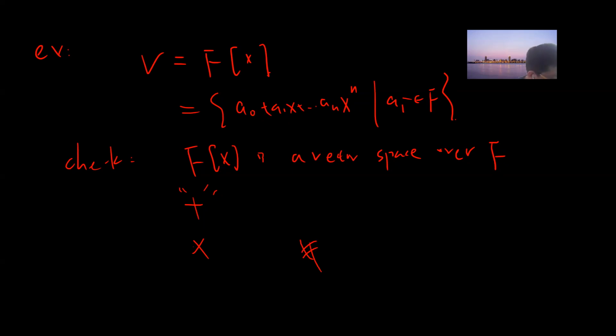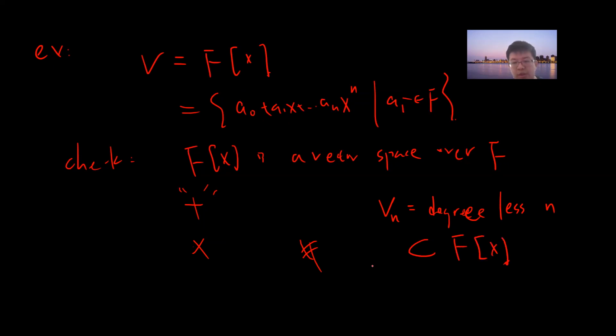And there is a subset: if you take Vn to be all the polynomials of degree less than n, then Vn is a subset of F[X], and Vn is also a vector space, because the addition of two polynomials with degree less than n is still less than n, and scalar multiplication is still less than n.